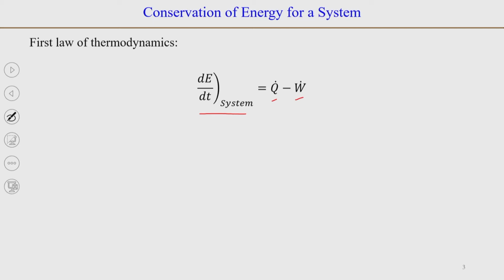So, we can see the simple balance: the difference will be the change in energy of the system, delta E.